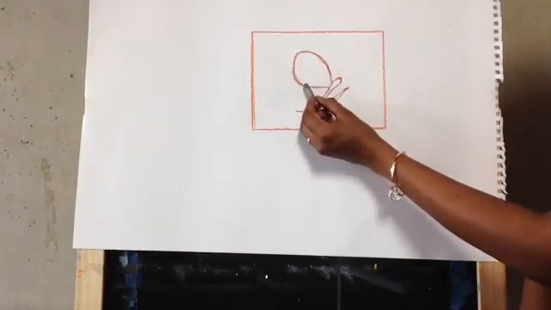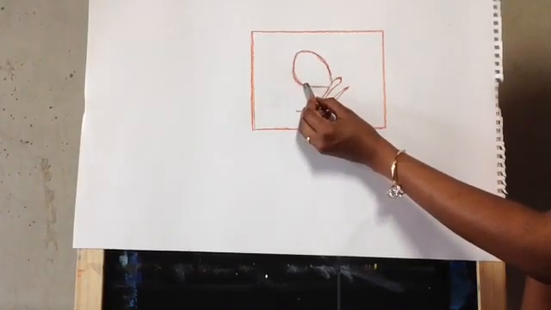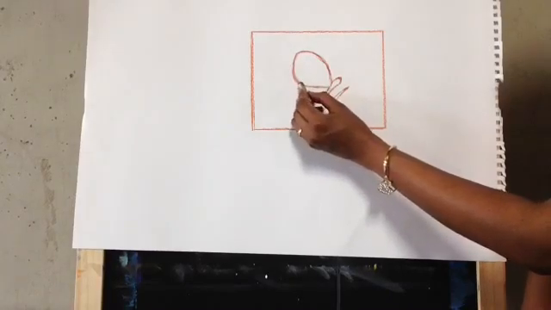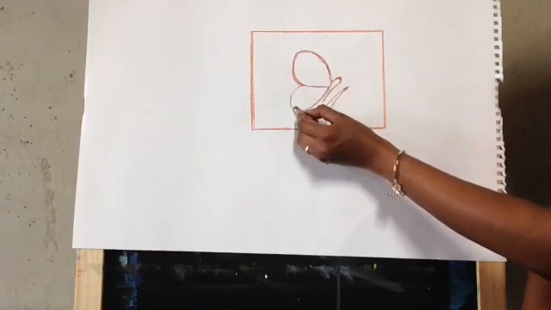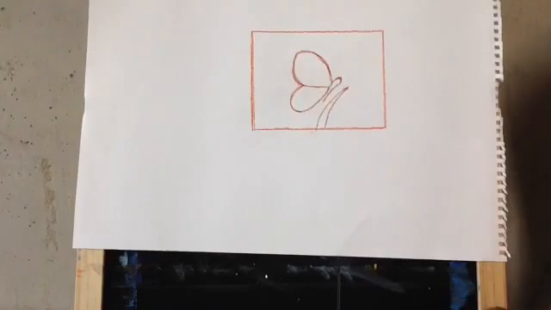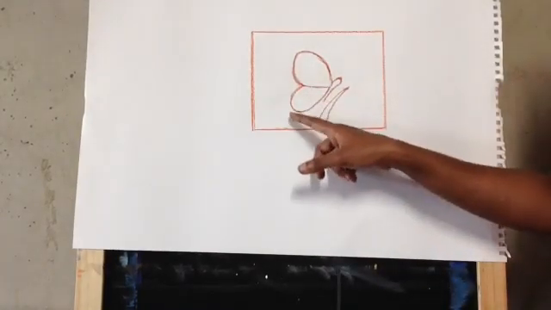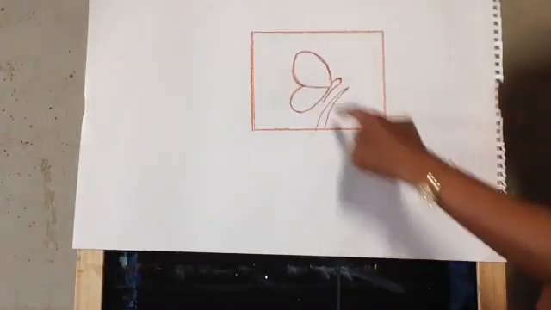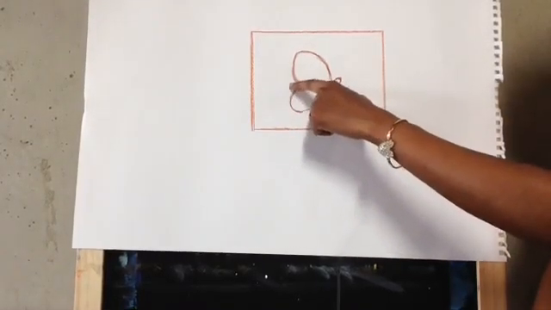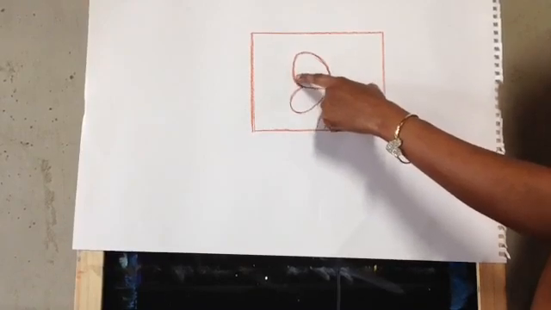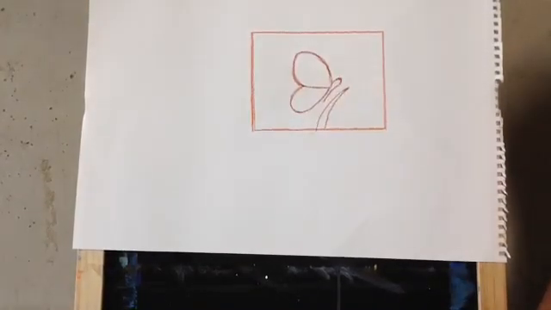And then from the middle of this wing, we are going to make an inverted C to connect the bottom curve. So we just made an inverted C here. If you look at this, there is a V-shaped structure between both the wings.